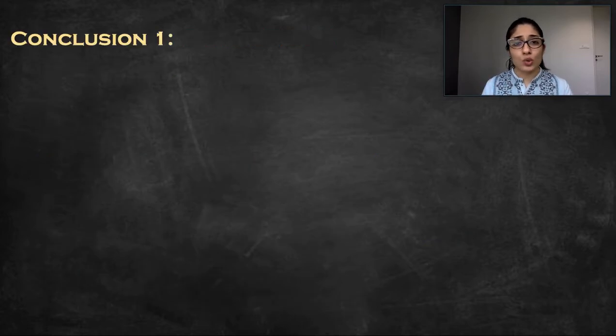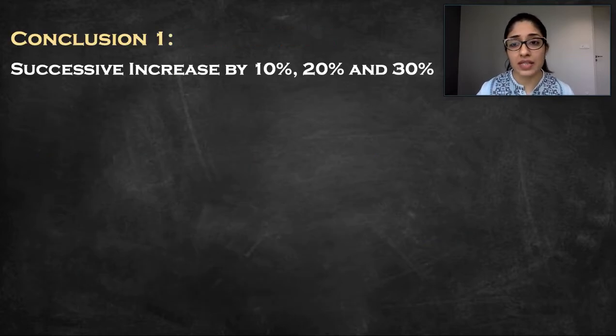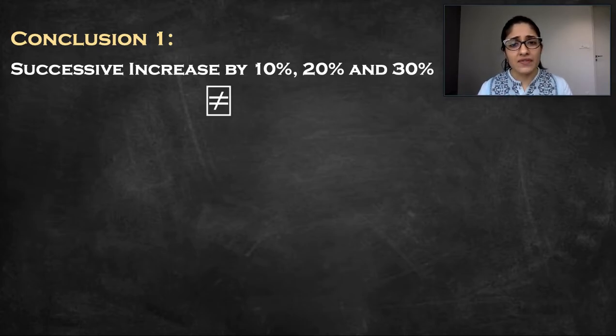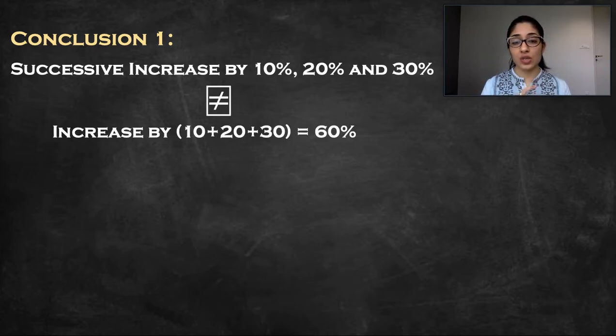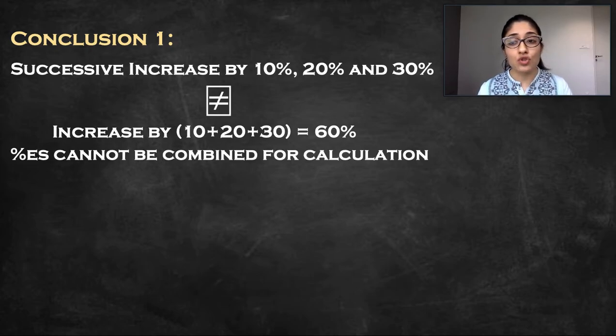What we conclude after seeing these two methods is, first, successive increase by 10%, 20% and 30% is not equal to increase by 60% directly. In short, percentages cannot be combined together for the calculation.